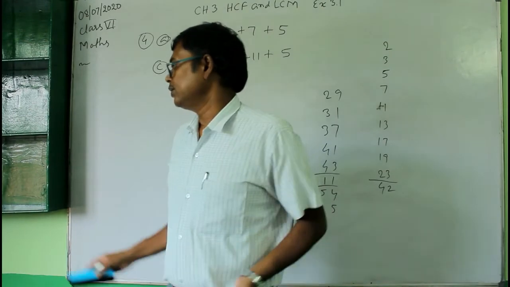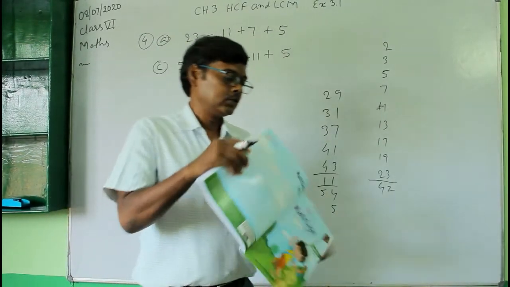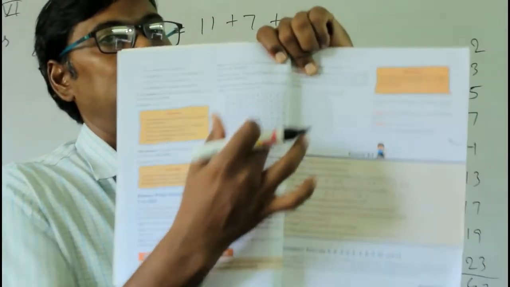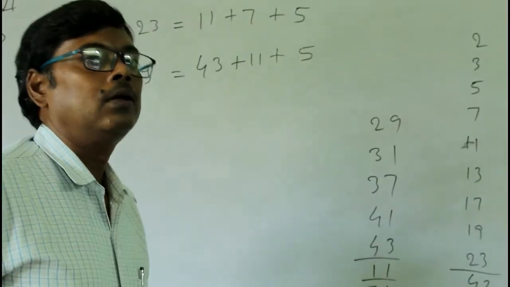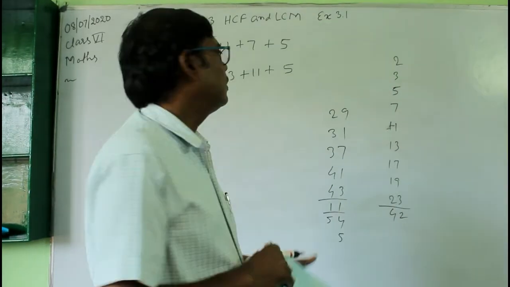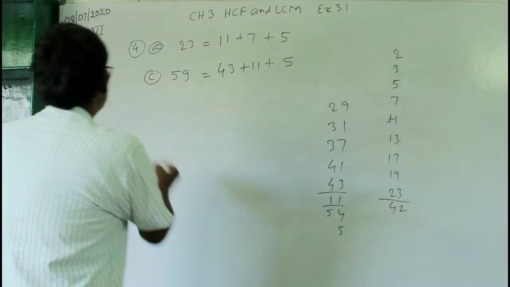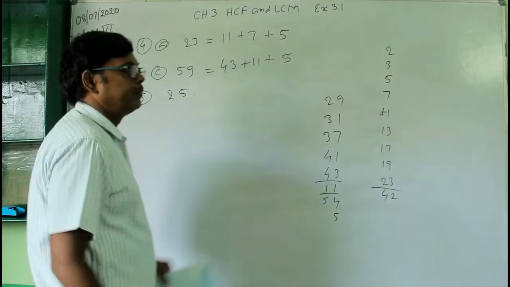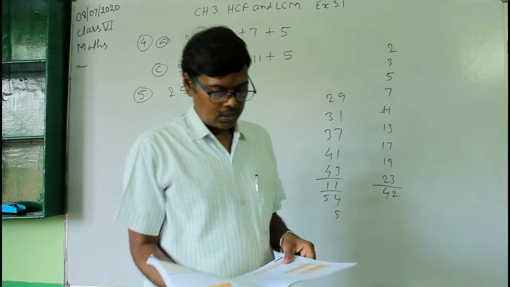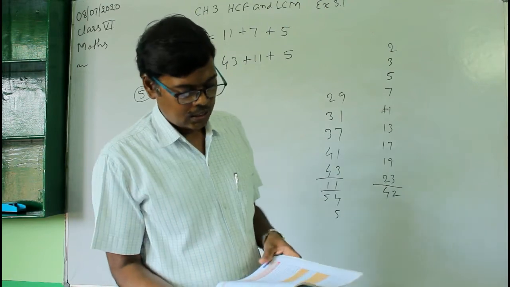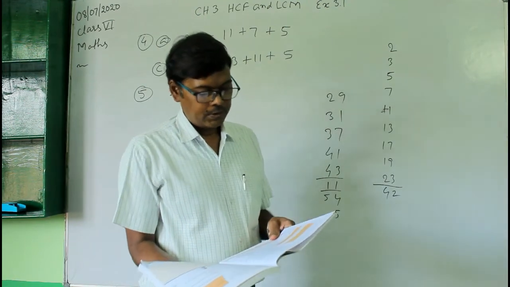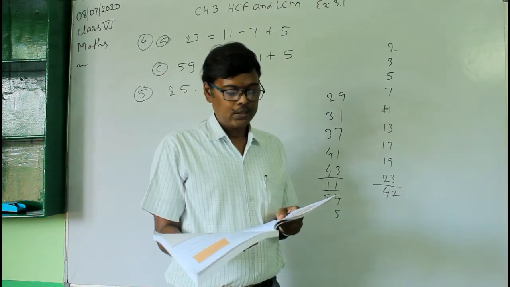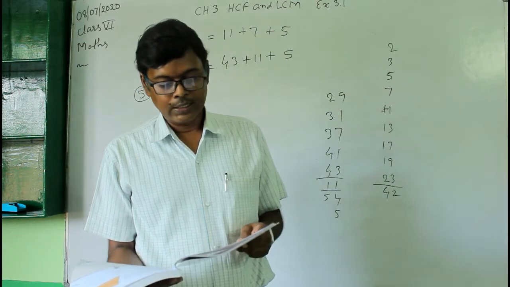From this table you can find the number of prime numbers between 1 and 100. There are a total of 25 prime numbers between 1 and 100, and you can find them using the sieve of Eratosthenes.